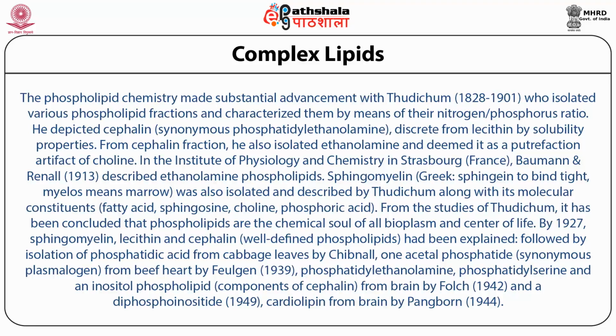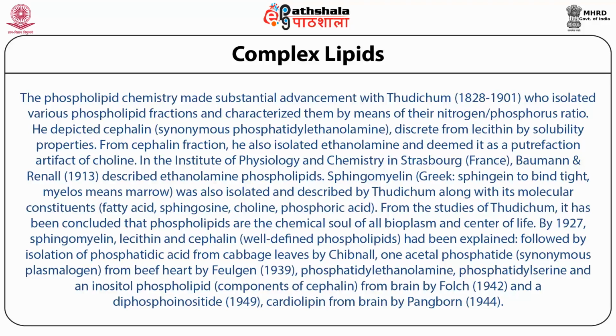By 1927, sphingomyelin, lecithin, and cephalin had been explained, followed by the isolation of phosphatidic acid from cabbage leaves by Chibnall. 1-acetyl phosphatide from beef heart by Fulgen was described in 1939.